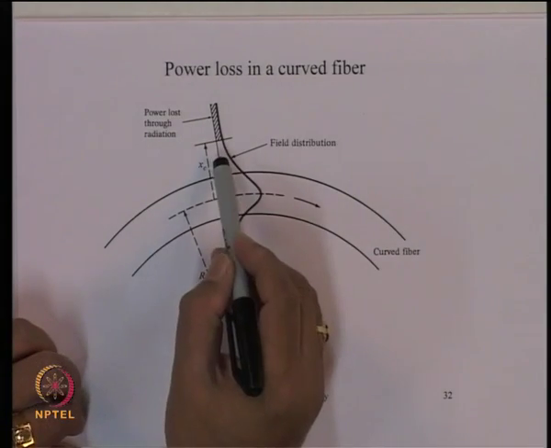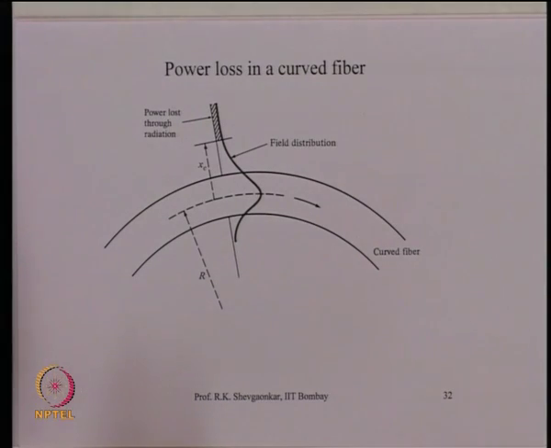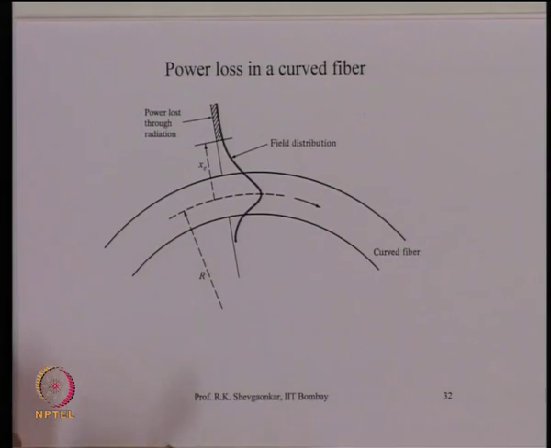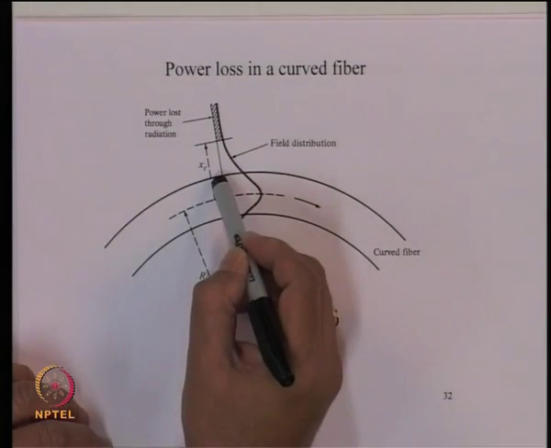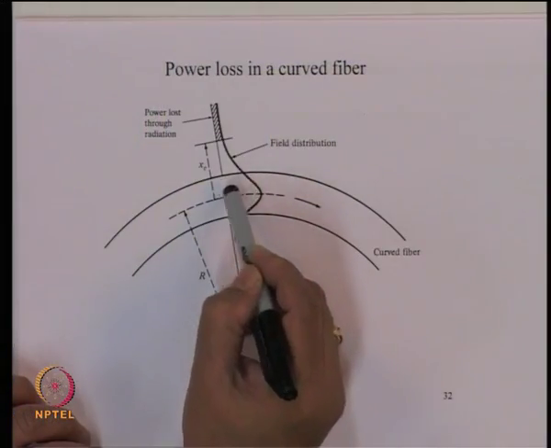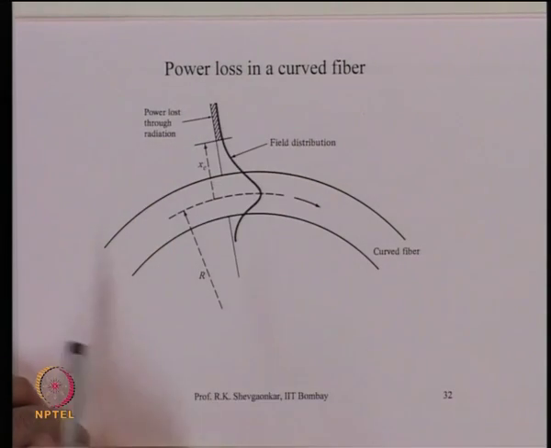The first thing is very clear: as you bend the fiber more and more, the radius of curvature will decrease, and because of this the distance will come closer and closer. So, the sharper you bend the optical fiber, the more will be the radiation loss, because closer will be this distance and this energy will go on increasing.